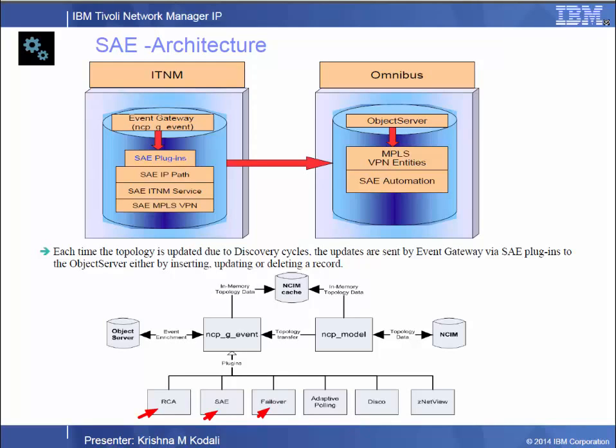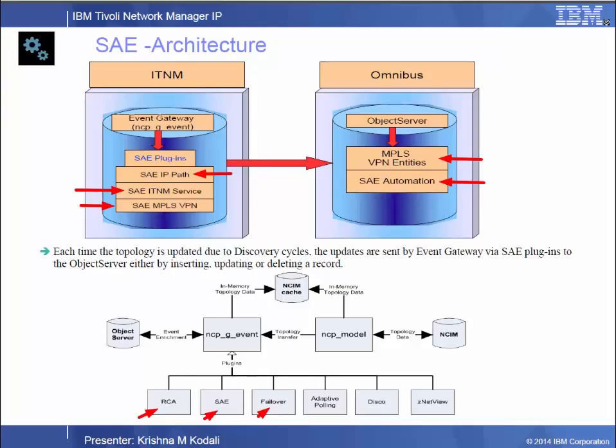Within SAE we have multiple subcomponents. As you can see here, you have IPv4 path, ITNM service and MPLS VPN. And within the object server, you have the schemas, which are listed here, and then you have the automation that does the lookups and raises SAE events accordingly.